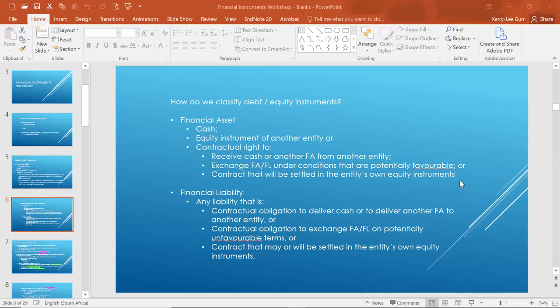But we really focus on the very first few bullet points where we look at the contractual deliverance of possibly cash or an obligation to deliver cash or a financial asset to another entity. So really a basic introduction of financial instruments, not going into too much detail at this stage.